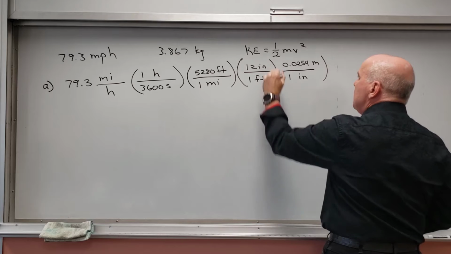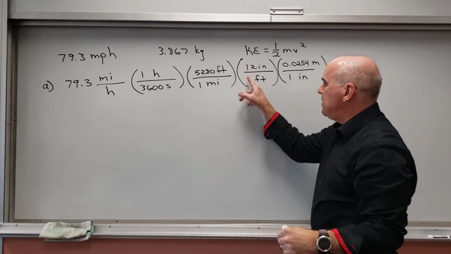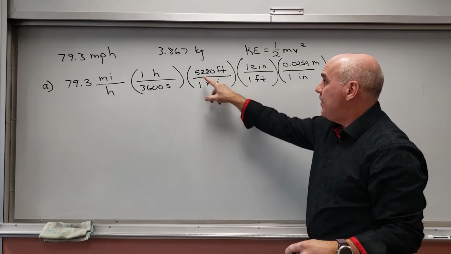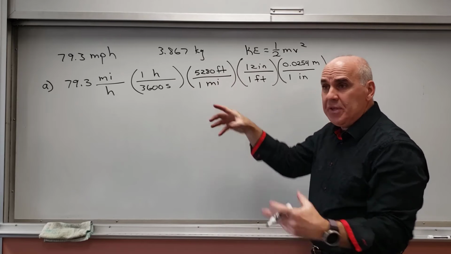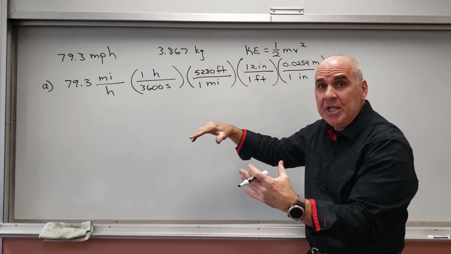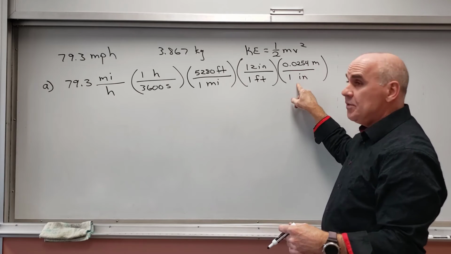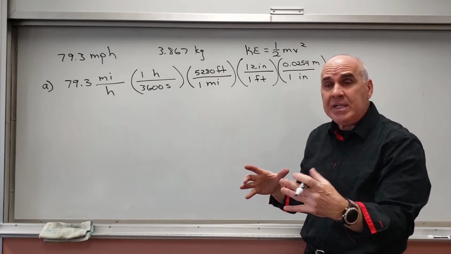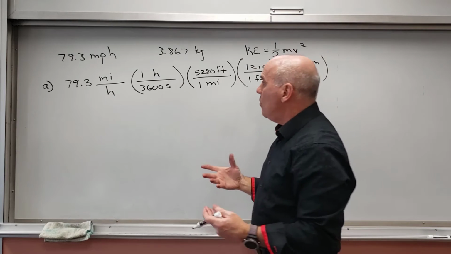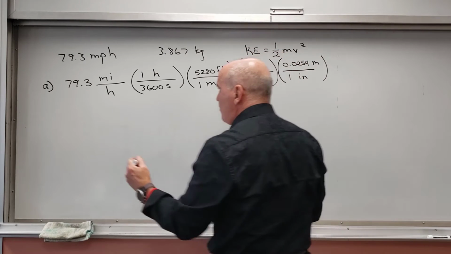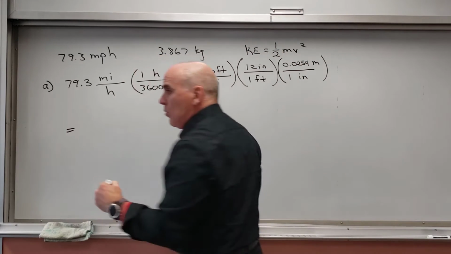Okay, so 12 inches is 1 foot, this is 1. 5,280 feet is 1 mile. They're identical. Numerator equals denominator. This is 1. 0.0254 meters is 1 inch. That's all by definition.